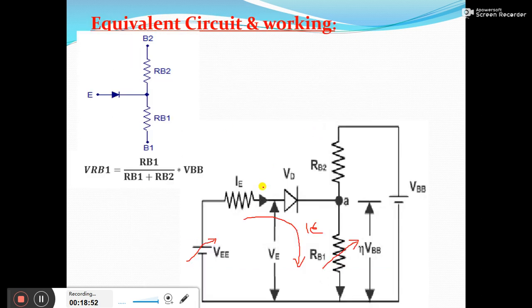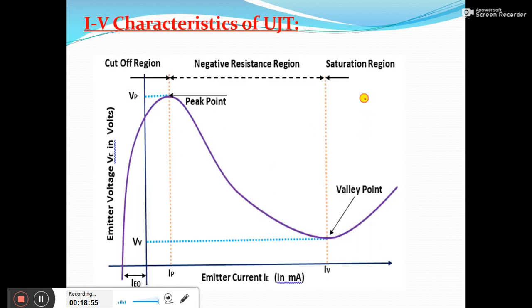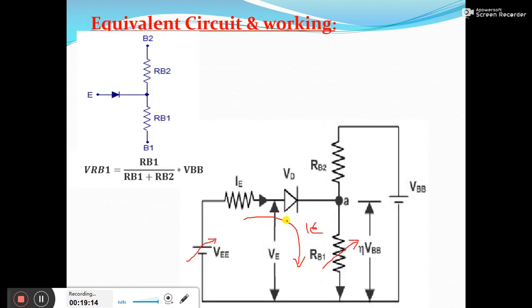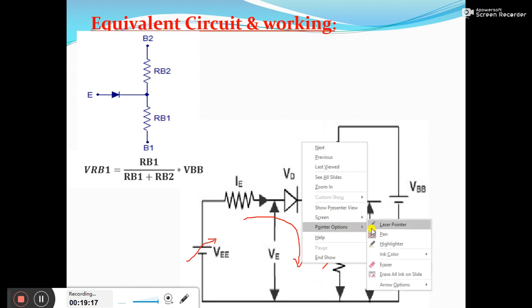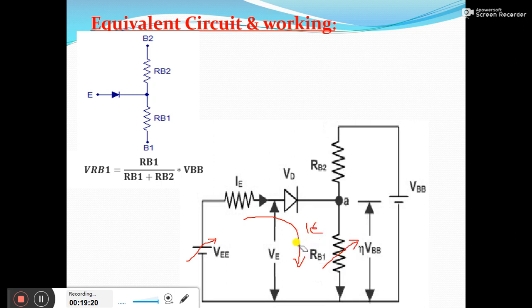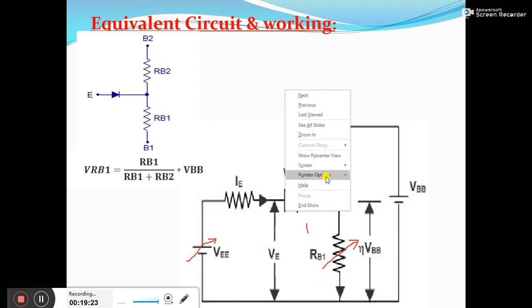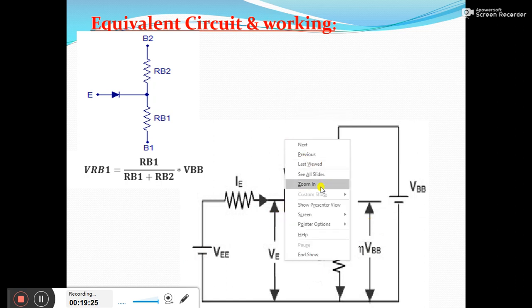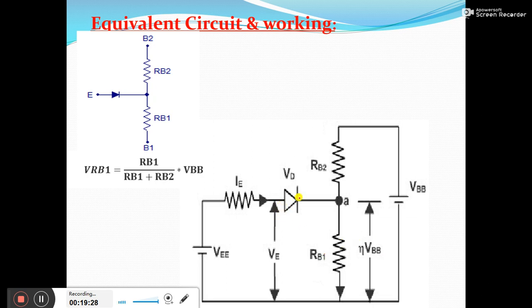As we saw in the working, as long as the V value is less than VD plus the drop across RB1, that is eta VBB, the diode is reverse biased and current will flow in the reverse direction.